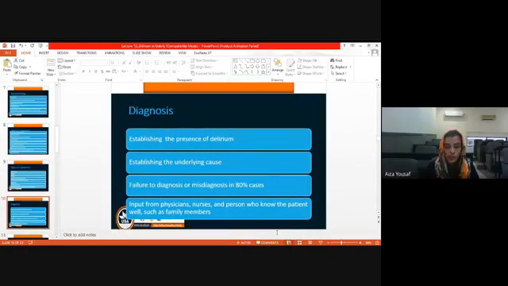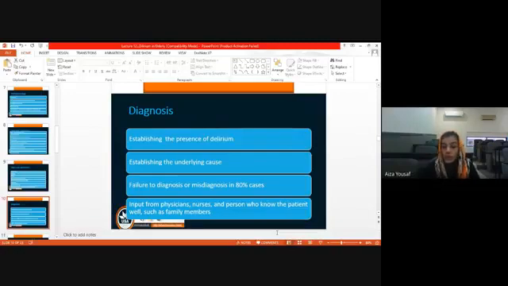Now the diagnosis. How can we diagnose delirium? It is very difficult to diagnose delirium, as in delirium there is a change in mental status.